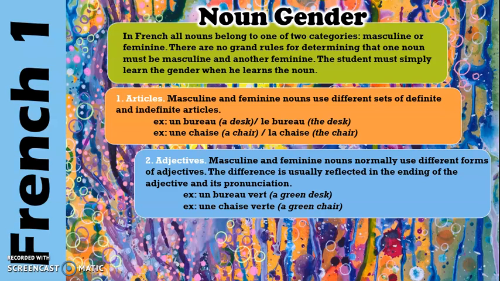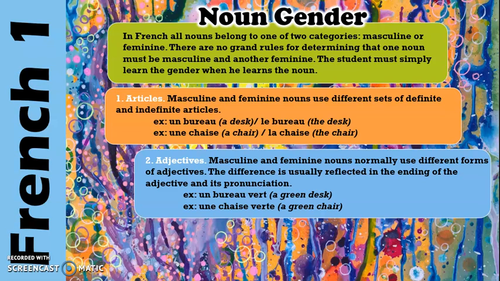All right, let me give you an example using the adjective for the word green, and it's right here, vert, V-E-R-T. Okay, I want to say a green desk. All right, now first of all, I have to tell you that the French like to put their adjectives after the noun. I know. We're just getting used to noun gender, and now you're telling me that I've got to get used to putting my adjectives after the noun.